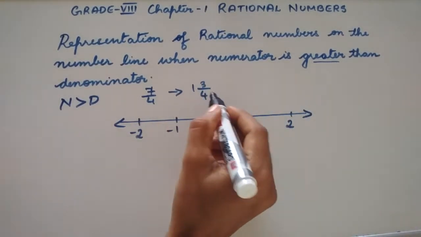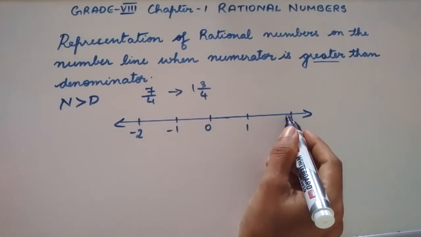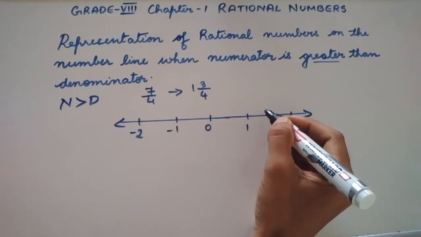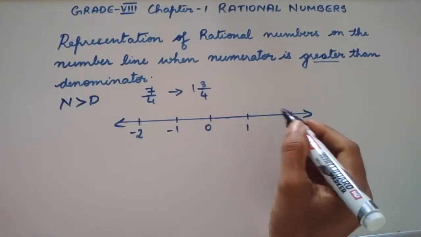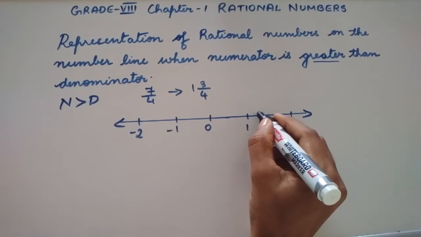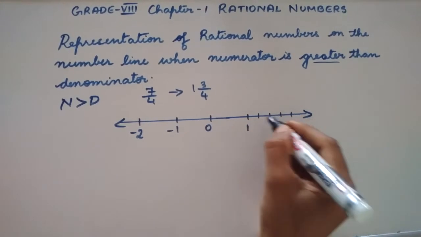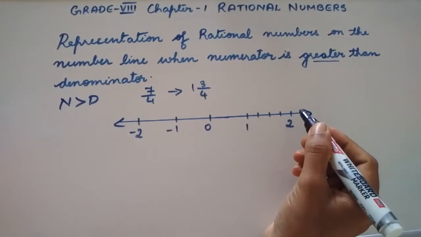Since the denominator is 4, we divide this length into 4 parts. So the length between 1 and 2 is divided into 4 equal parts. 1, 2, 3, 4.